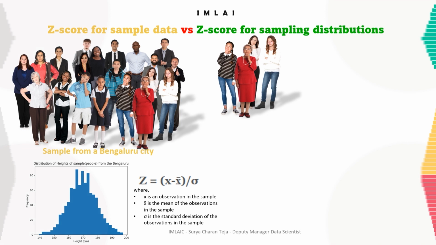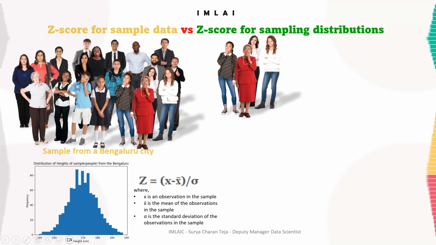The second way that we have here is z-score for sampling distributions. In the case of a sampling distribution, the goal is to perform a z-test and find the value of z-score or z-statistics for hypothesis testing and rejecting the null hypothesis or otherwise. That is the main goal. Whereas the z-score that we use on sample data, the objective is to find the number of standard deviations an observation is away from the mean.